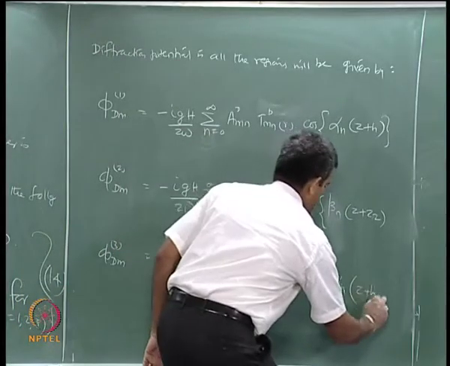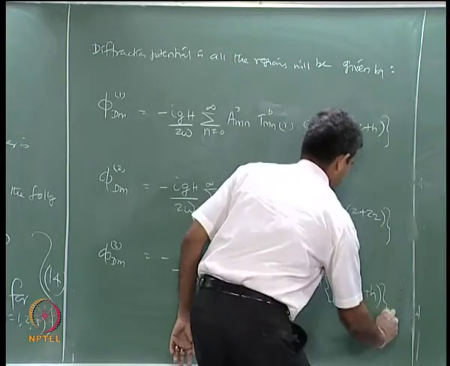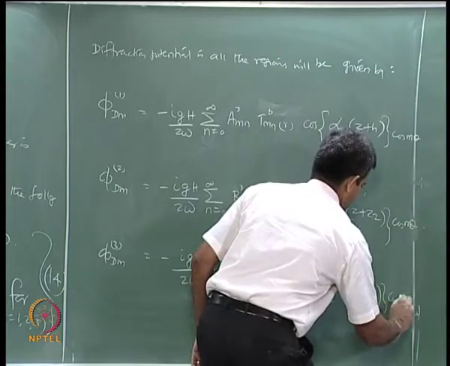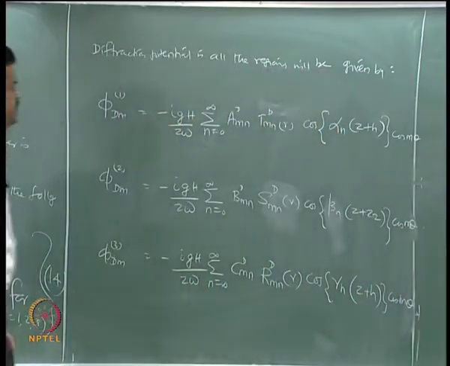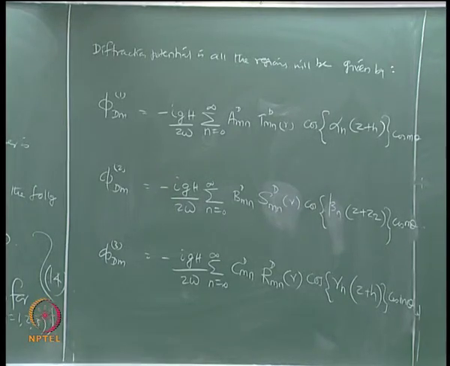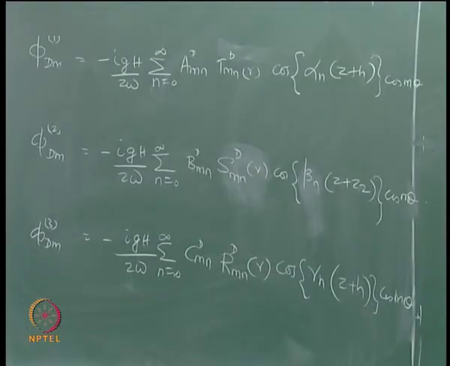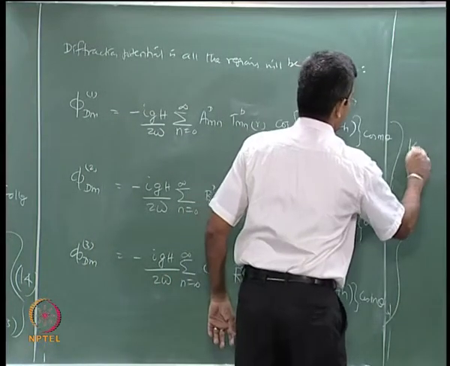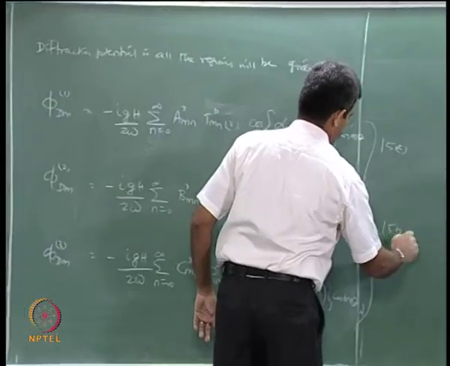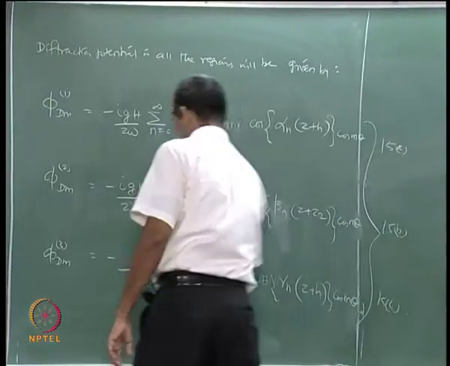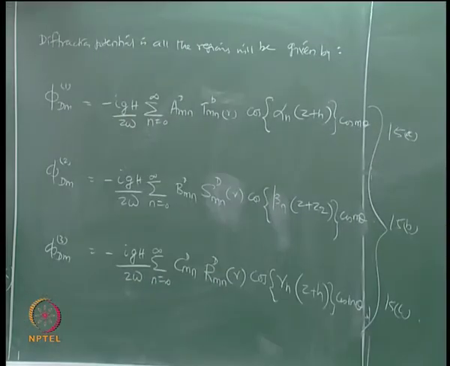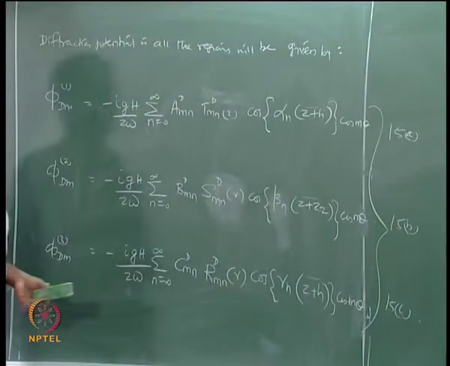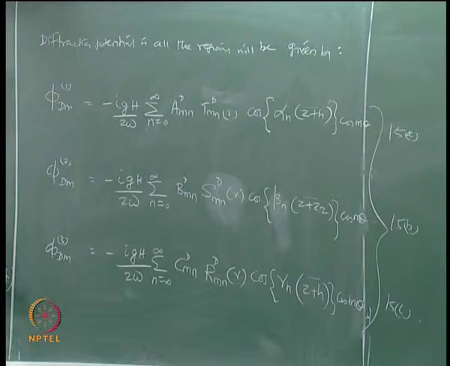Again plus h, cos m theta, cos m theta, cos m theta. I call them equations 15a, 15b and 15c. So, the arguments can be easily understood, they are all related to the boundaries of region 1, 2 and 3.